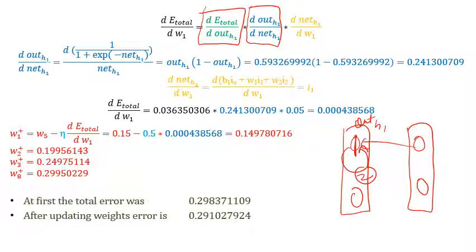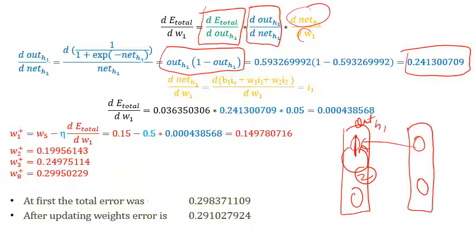It is pretty simple because it's a sigmoid function. You just plug and play, put the values, and you calculate this. You will have this value. The third is you calculate the derivative of net H1 with respect to W1, right? Because this net H1 was a linear function.